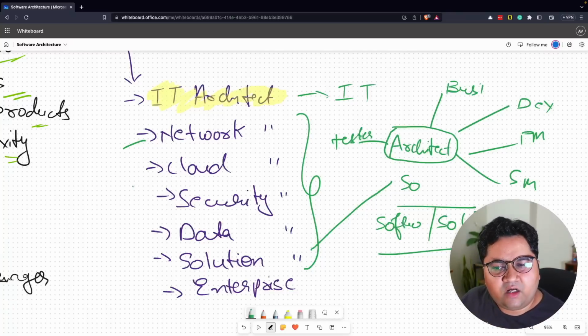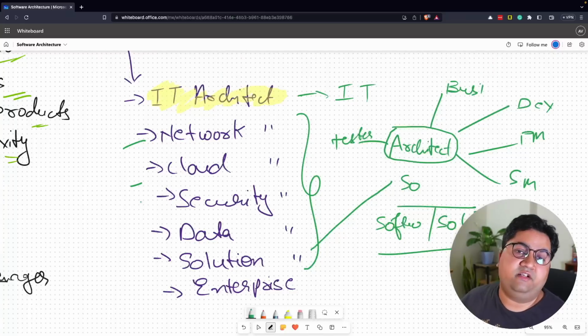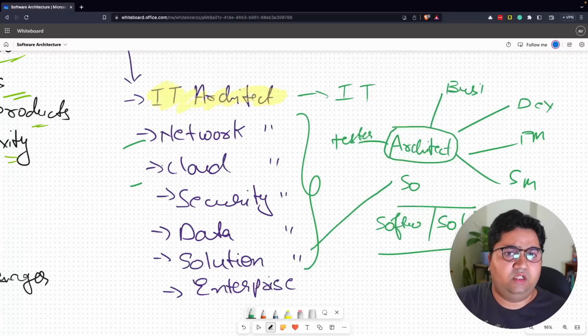So there's network architect, there's cloud architect who specialized with cloud, and these are all specializations. I think all of these are architects, and they have chosen to specialize in a certain area where their interest lies or wherever there's a need. Network architects would design the network, understand how your network infrastructure looks, how your IP ranges look, how the security of the network looks.